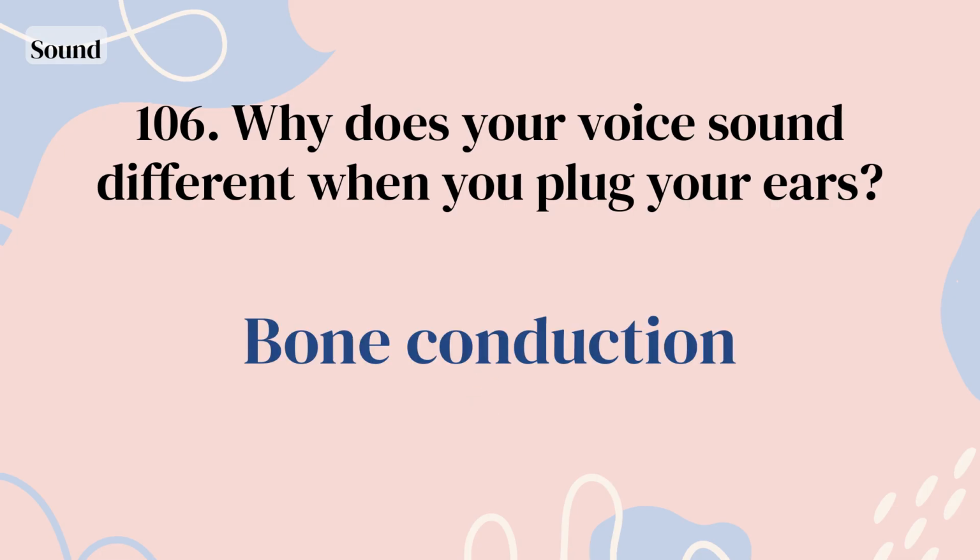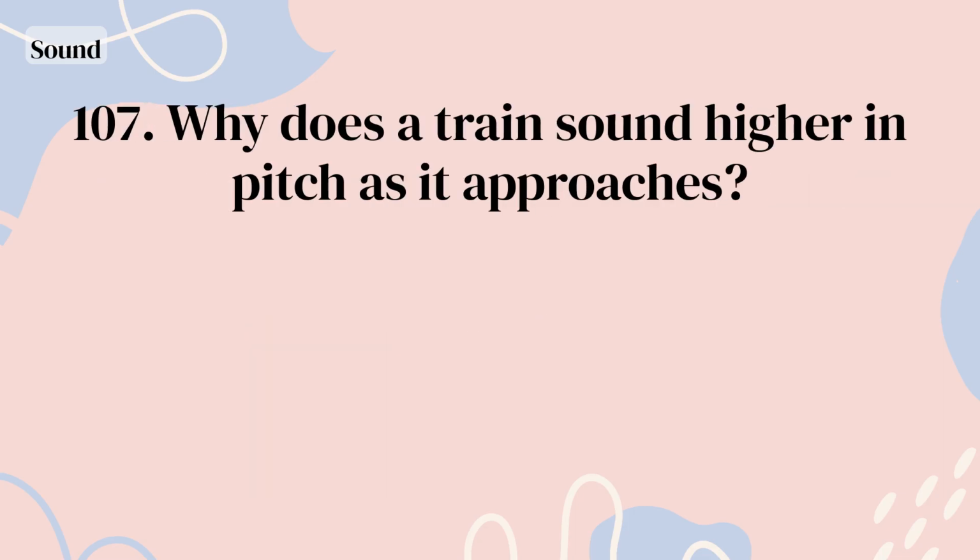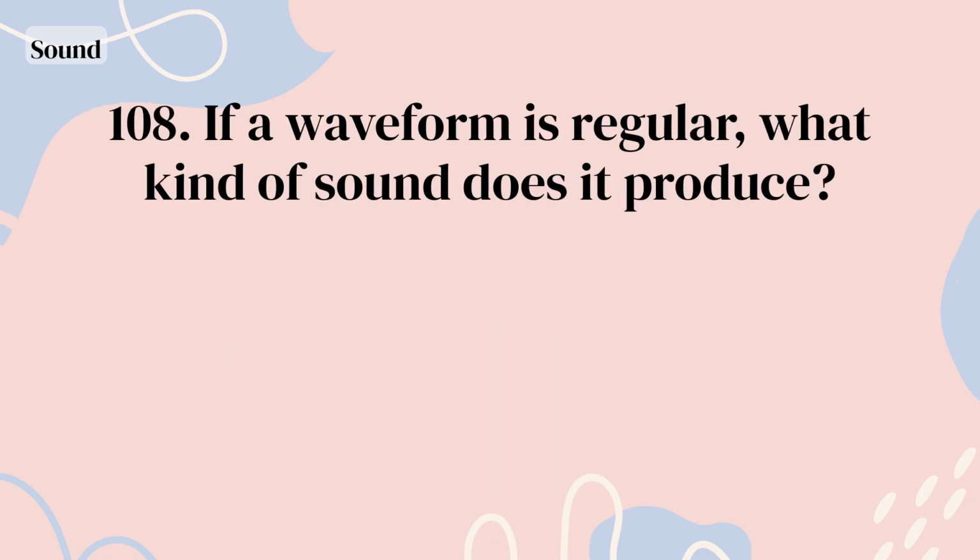Bone conduction. Why does a train sound higher in pitch as it approaches? The Doppler effect. If a waveform is regular, what kind of sound does it produce? A pure tone.